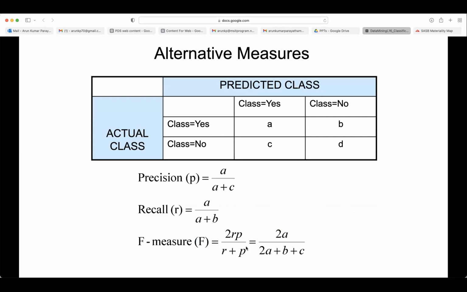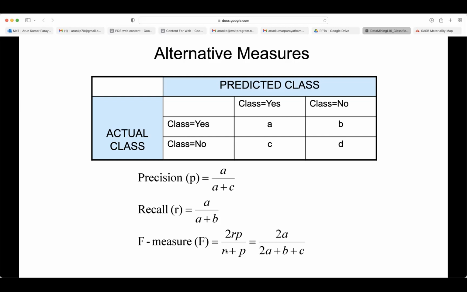So the F measure is combining both, because one is very high and one is very small. What happens, if R is very high and P is very small, then because it is multiplication, the numerator becomes small. Adding will not reduce the R value, but the product with P does. Even if R equals 1 and P equals 0.2, R multiplied by P becomes 0.2, times 2 means only 0.4 you get.